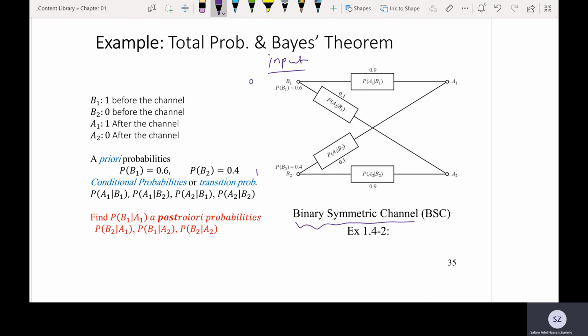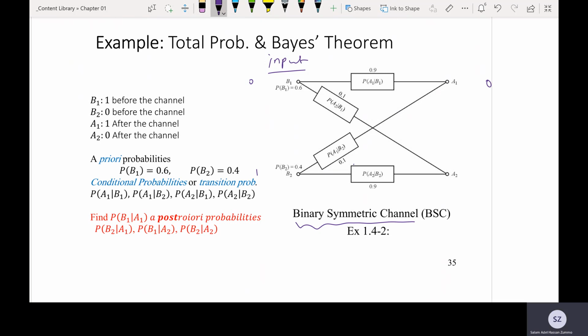Now the probability that you get a 0, or B1, at the start of the channel is 0.6. So 60% of the time you get 0, while the probability that you get B2 is 40%. And this goes through the channel. The channel takes 0 as A1, as 0, 90% of the time.